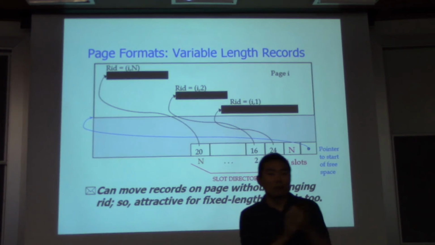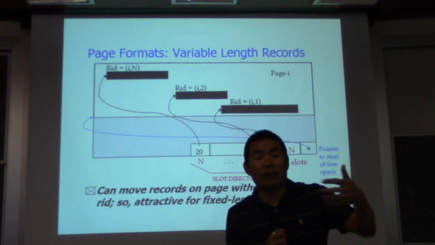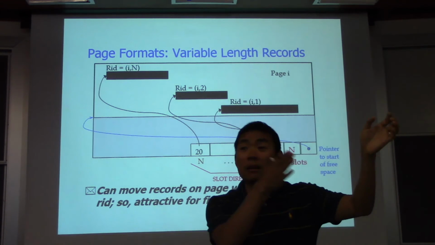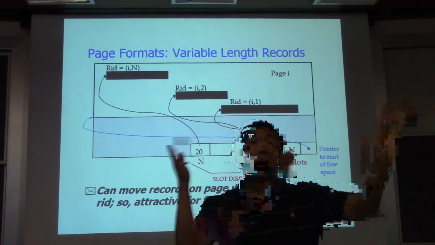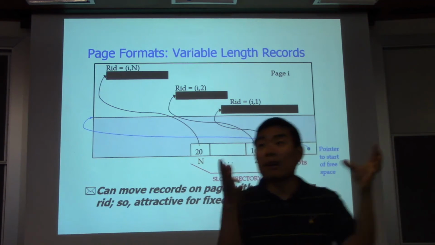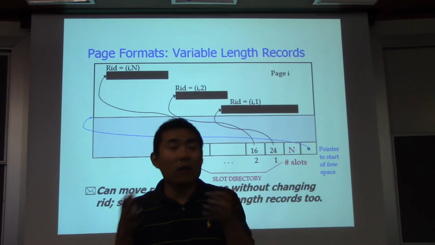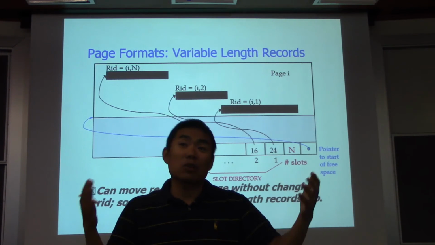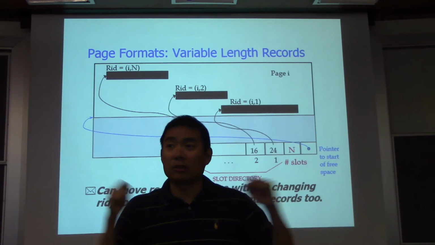Insertion, you do not affect other records. Deletion, you may affect other records. Because insertion always happens at the end of the record space, because record space is guaranteed to be packed. You cannot insert a record in the middle of record space. It's packed. It only happens at the end. That's why you are not going to affect any other record.